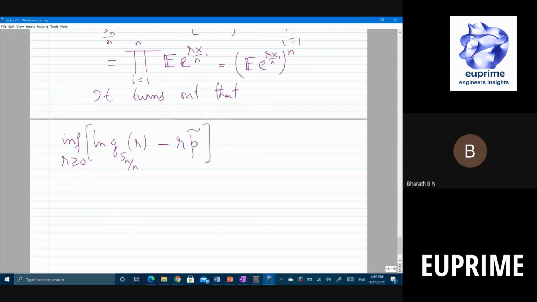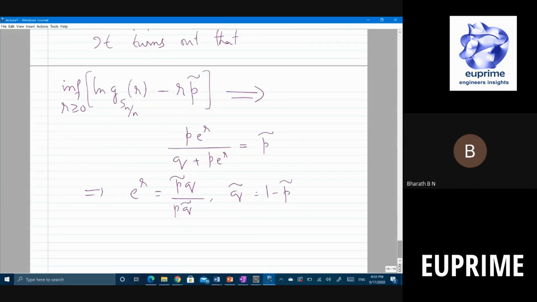Okay, so this results in the following. p e power r divided by q plus p e power r is equal to p tilde. Rearranging, what do we get? We get e power r is equal to p tilde q divided by p times q tilde, where q tilde is 1 minus p tilde.